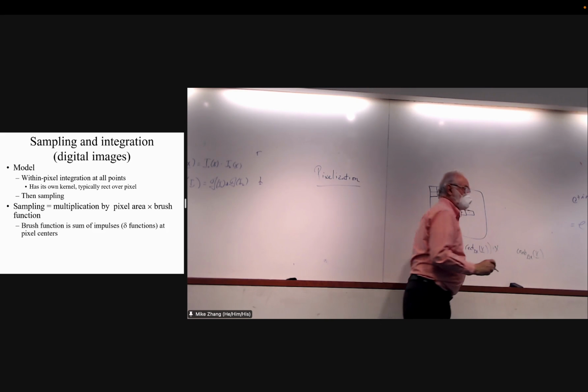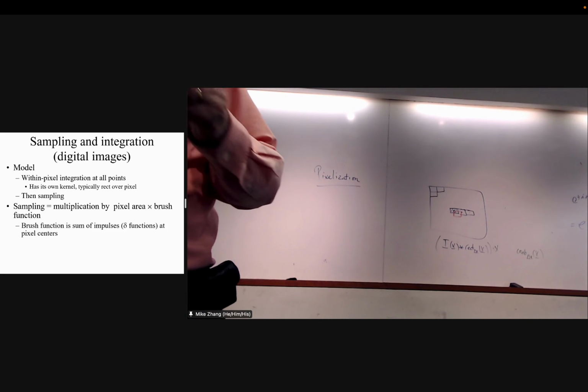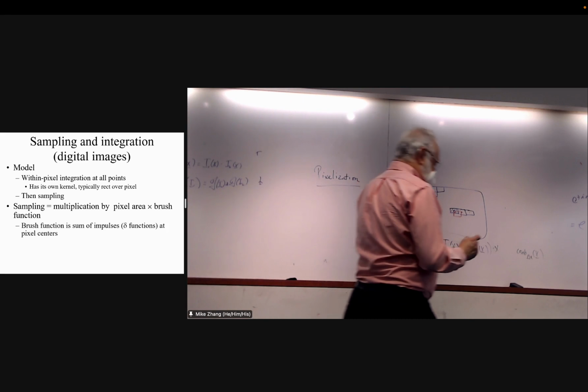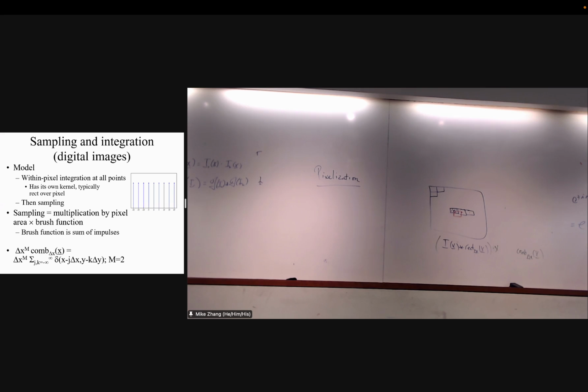More precisely, a brush. Right? And it's going to be delta x in the x direction, delta y in the y direction, if necessary. But you've got to be careful, because the comb is a bunch of impulses.